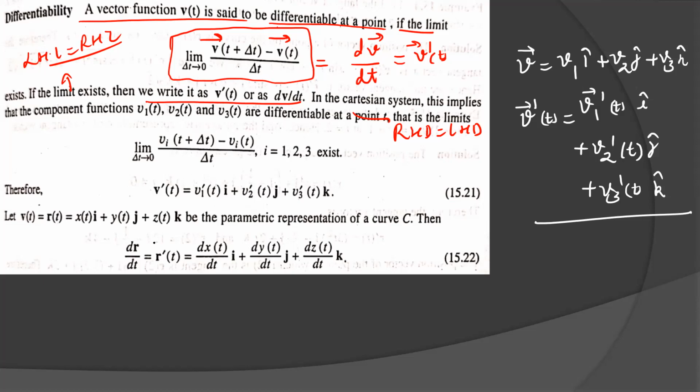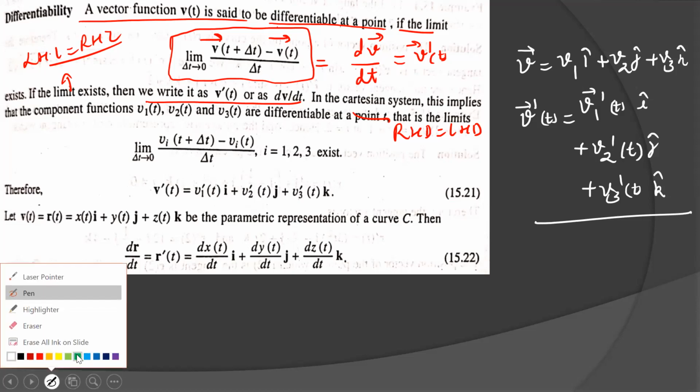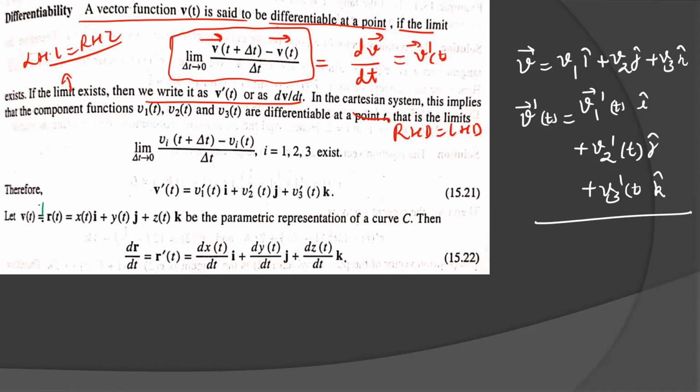One important point is, if you have a parametric representation of any curve, then r(t) equal to x(t)i plus y(t)j plus z(t)k, this is the parametric representation of any curve. The derivative dr by dt is a differentiation of the position vector.